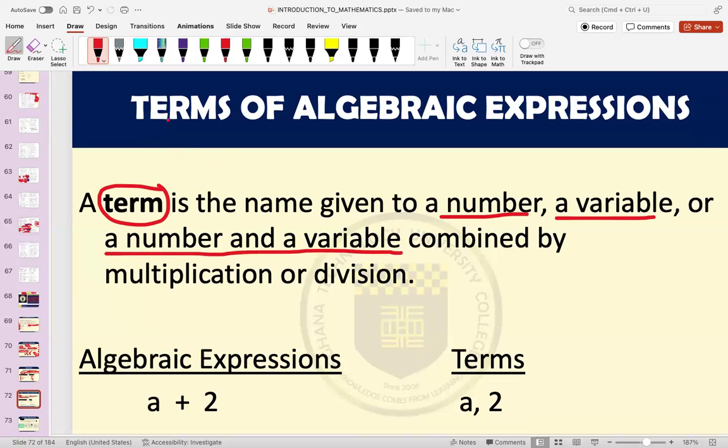A term refers to one, only a number standing alone can form a term, or a variable, which are the alphabets. It can also represent a term, or a combination of a number and a variable. That's the third scenario. That can also represent a term.